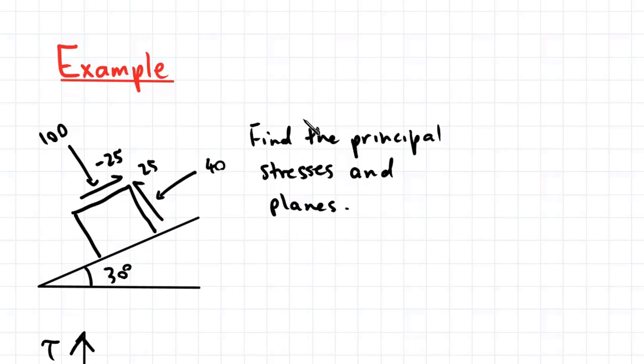So now, firstly, I'll just write down 2 points based on these stresses, which we can then plot on our normal stress versus shear stress plane. So I'll call point A 100 and negative 25, and point B 40 and positive 25.